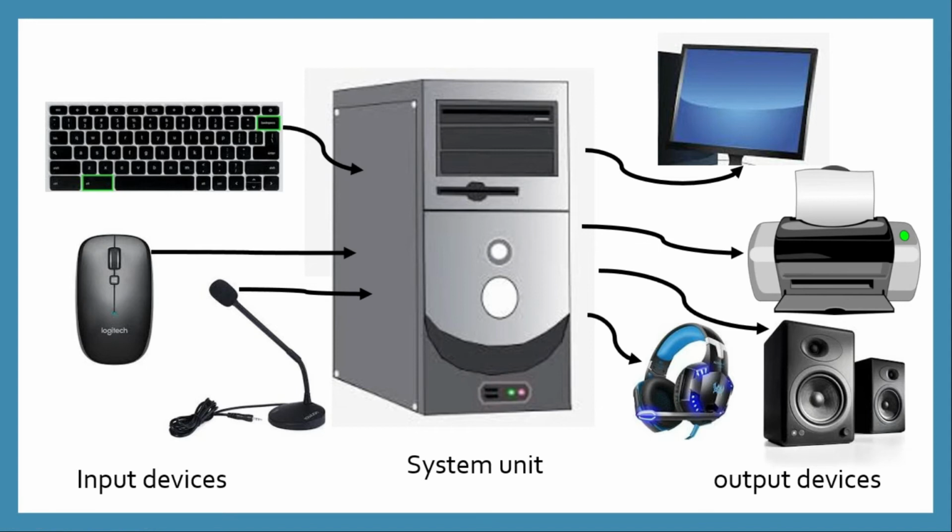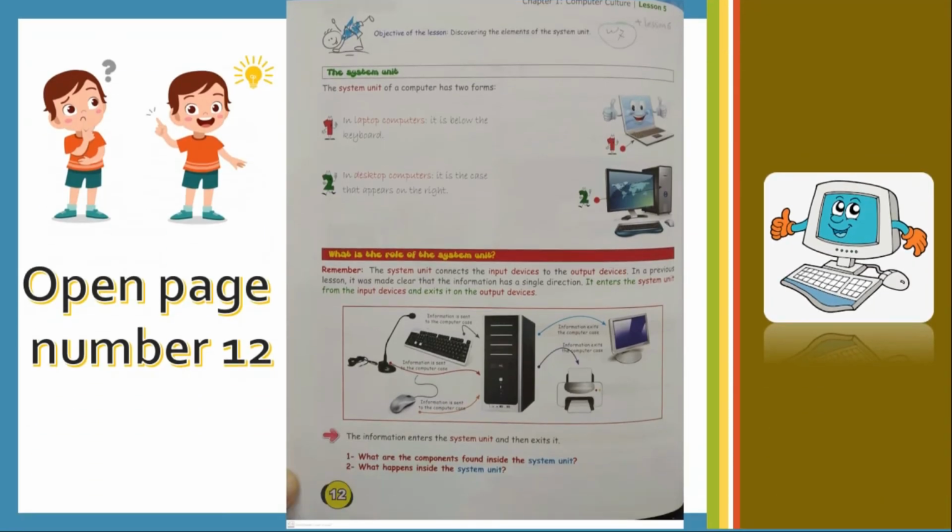Now let's complete our lesson. Open page number 12. On this page we have a laptop and a desktop computer. Where is the system unit? Of course, all of you will tell me this is the system unit.